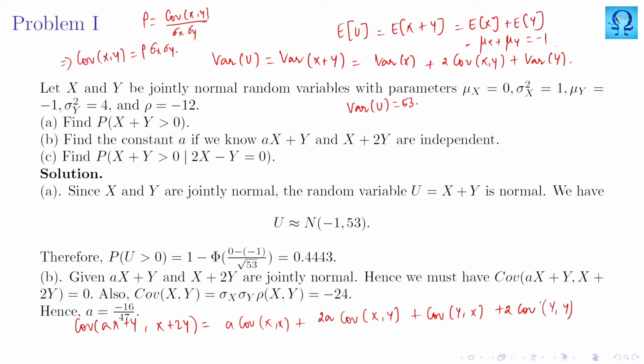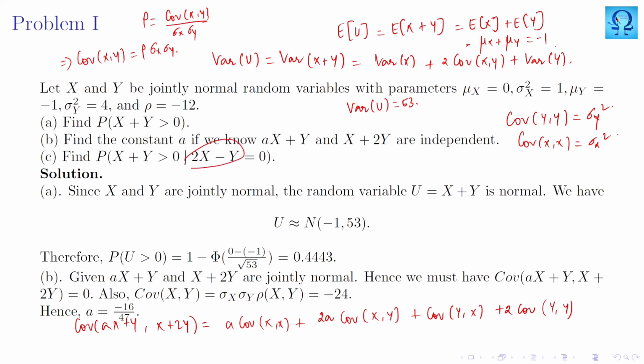And what is covariance of y comma y? It is simply sigma y square. Similarly covariance of x comma x is sigma x square. So using this, we just calculate and equate this to 0 and find out the value of a. From which we get the value of a as minus 16 upon 47, right? And we move further to calculate all these things.